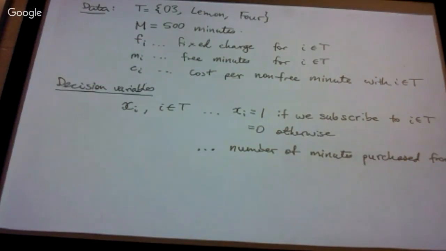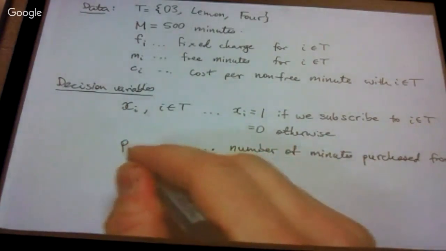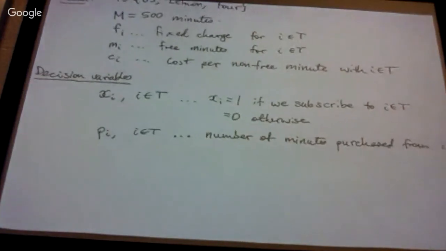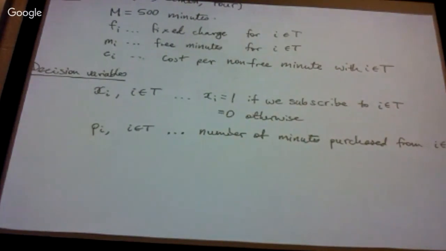Any letter you want? P. Okay. Any more decision variables? Cost of the minutes purchased, or cost of total fixed charge.